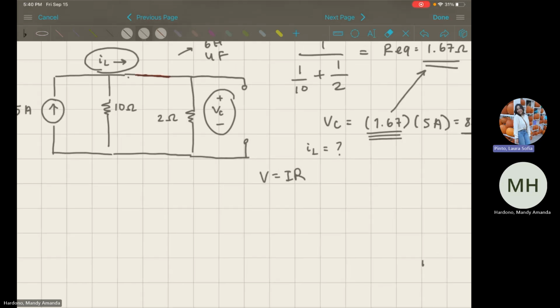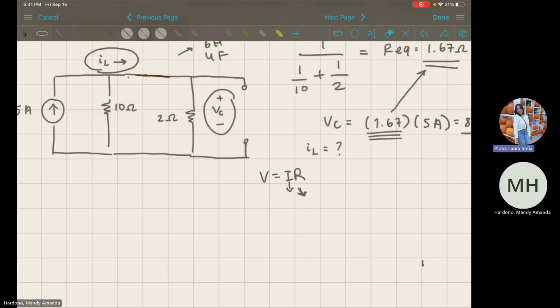So we want the voltage that we calculated, right? And then we're trying to find this I part. What's the resistance value that we can divide? 1.67, that'd be the total of the parallel circuit, would it not?